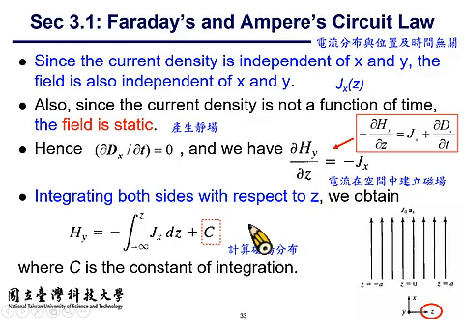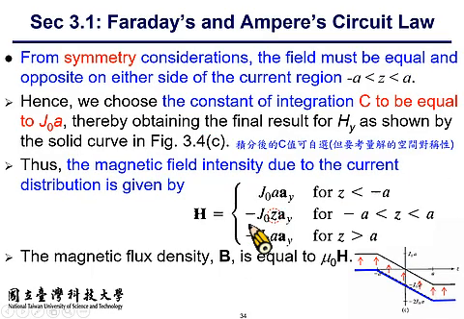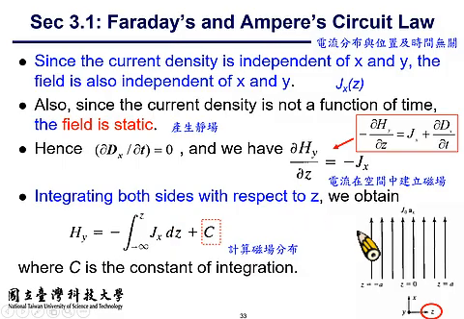Then we can check the result according to the prescribed current distribution of the problem. That is, depending on the position of z, if z is smaller than minus a, you end up with nothing, because no current density is included for z smaller than minus a.